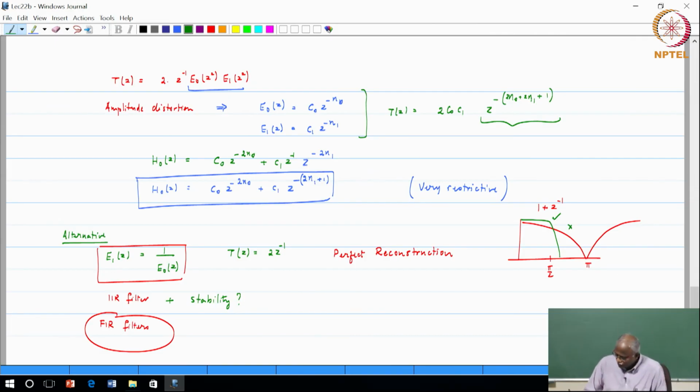Okay. So, now as I mentioned in the last class, we will go back and look at the transfer function. Look at the transfer function, it is T of z is equal to 1/2 of h naught of z f naught of z plus h1 of z f1 of z.